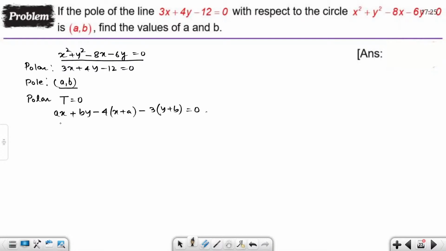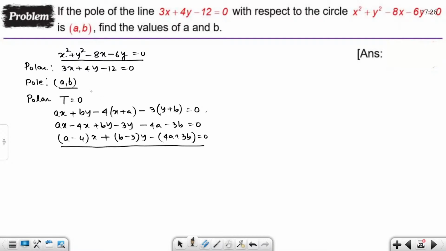So that gives us a minus 4x plus b minus 3y minus 4a plus 3b, correct? Now, this is the equation of the polar. Again, they have given the equation of the polar as this. So let me compare their coefficients, because they are actually representing the same straight line.